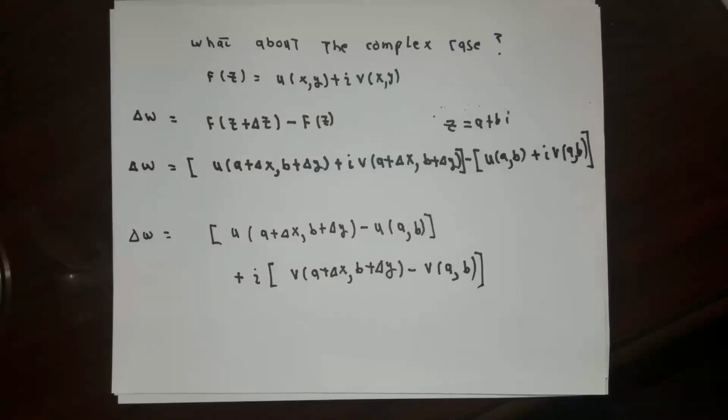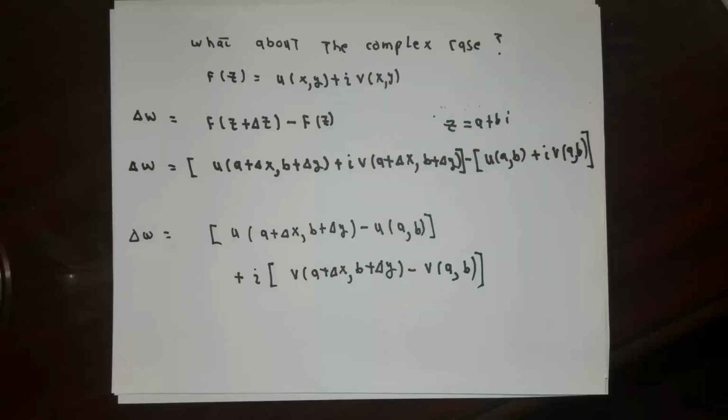So let's think about a function, f of z, u plus iv. I want to think about the difference in function value, which for convenience I'll call delta w. The point of interest that I'm interested in is the complex number a plus bi. So in the u plus iv way of thinking about this, the x will be a and the y will be b.